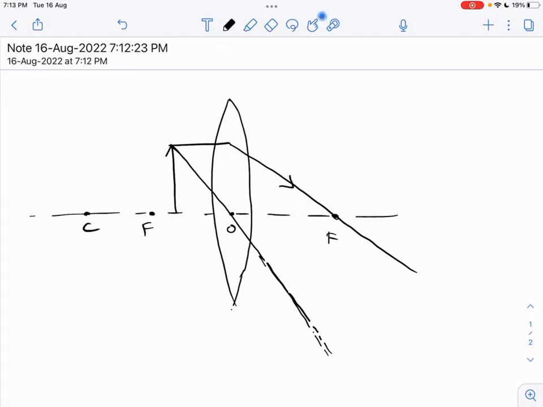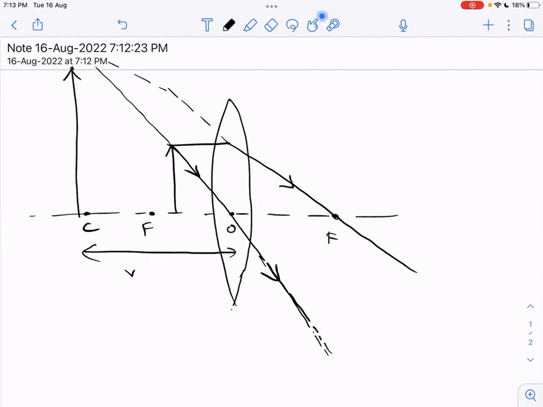These two refracted rays do not meet. Hence, when you extend them in the backward direction, they meet virtually somewhere over here. And this is one situation where it forms a virtual image.